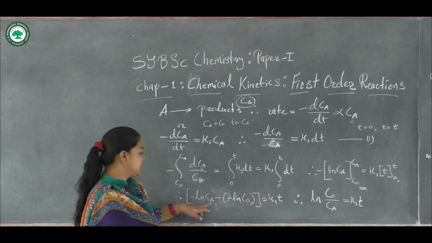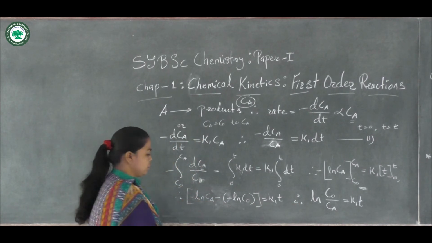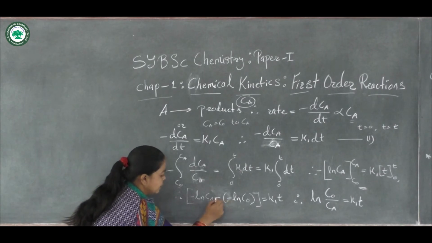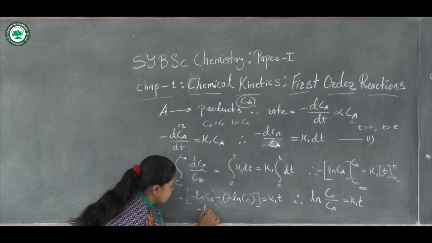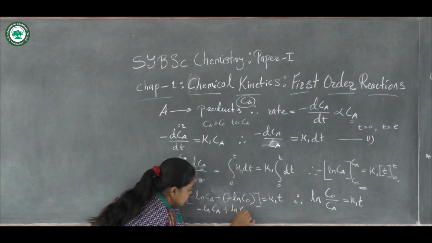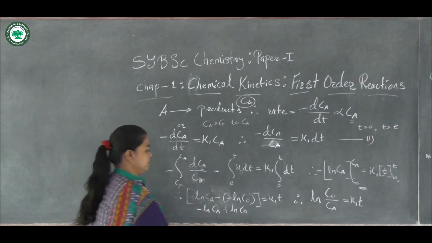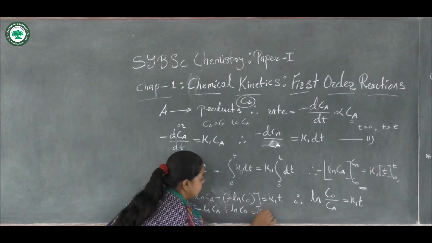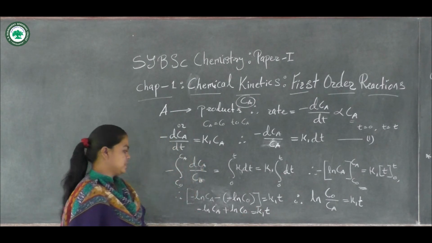Therefore we can rearrange this equation further. Minus becomes plus, therefore minus ln Ca plus ln C0 equals k1t. k1t remains as it is.